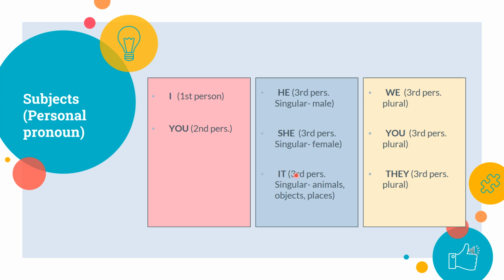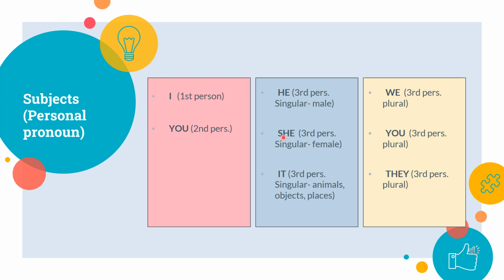Then we have it. It is also third person singular, but we use it with animals, with objects, with places. Animals: cat, dog, etc. Objects could be cell phone, book, etc. And places could be Ciudad del Este, Paraguay, Brazil, etc. Then we have the third person plural. This is singular, this is plural.